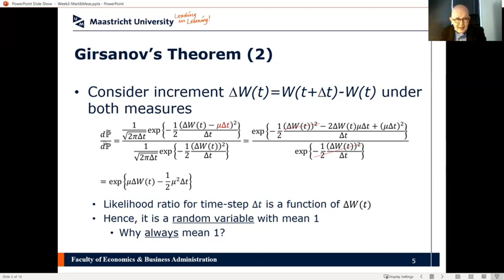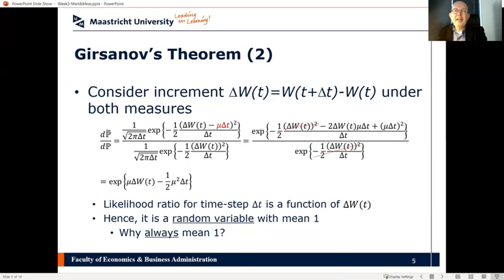And this big expression, which looks a bit daunting, actually simplifies into something very nice and clean. The likelihood ratio of these two things simplifies to the exponential of mu times delta w minus 1/2 mu squared times delta t.